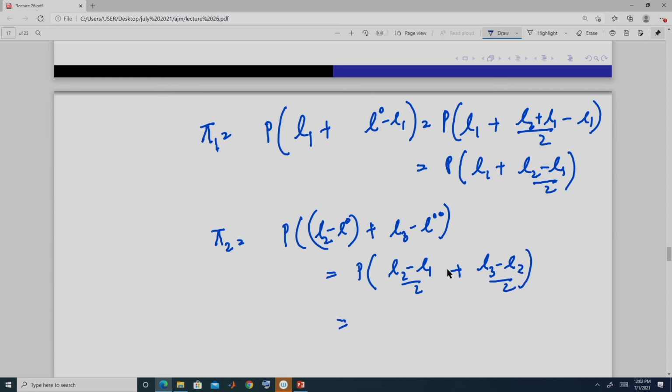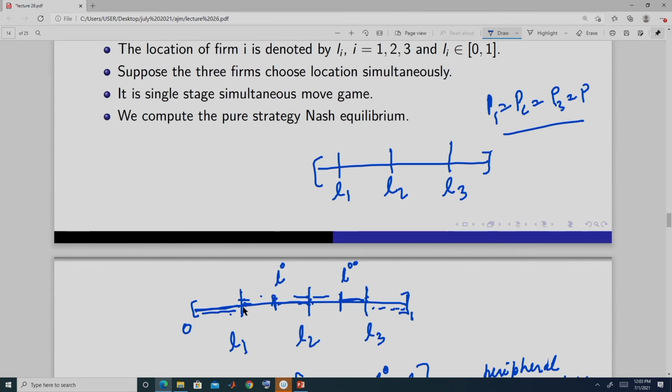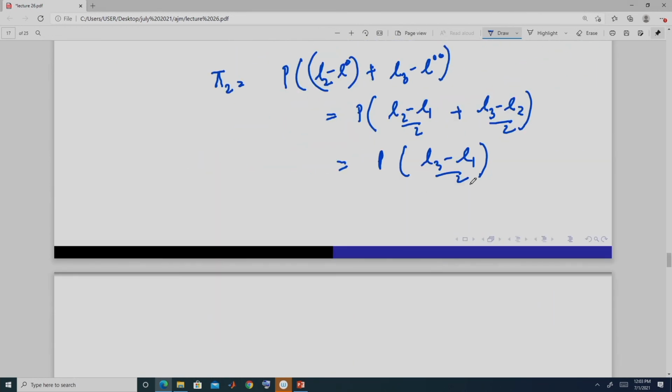Here, farm 2's market share is half of this distance. Okay? Yes.